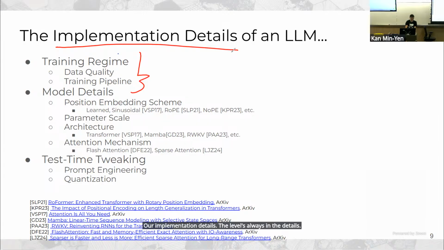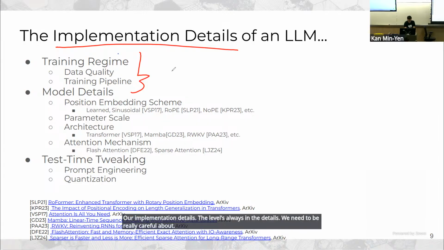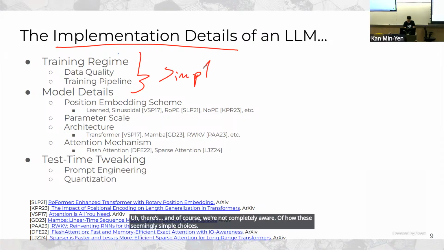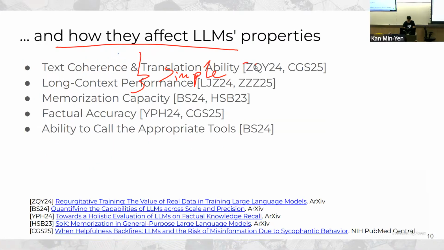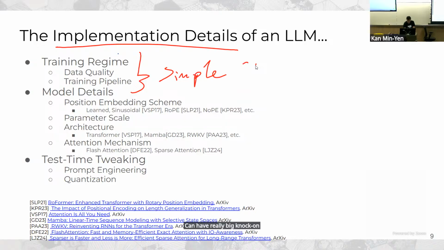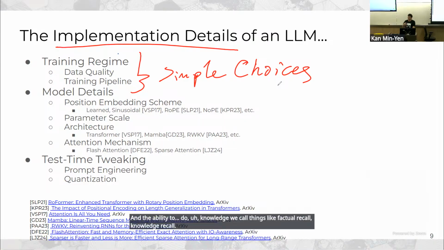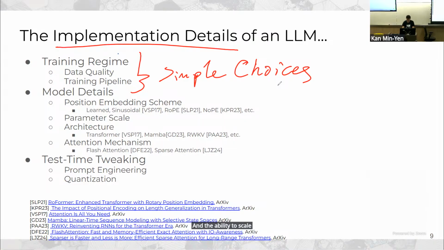We need to be really careful about this, and of course, we're not completely aware of how these seemingly simple choices can have really big knock-on effects on language models themselves and their ability to do knowledge recall, things like factual recall, and their ability to scale and update with time, right?